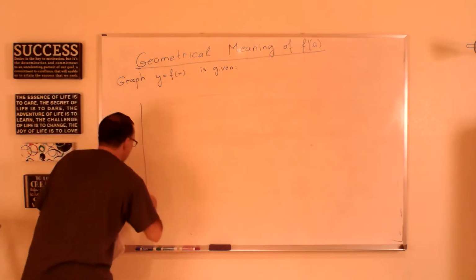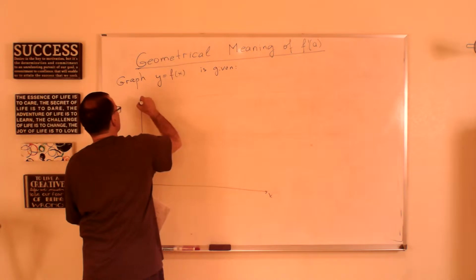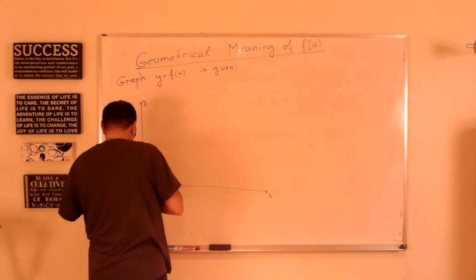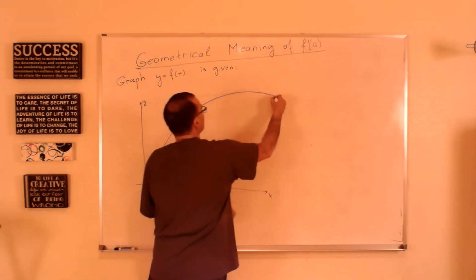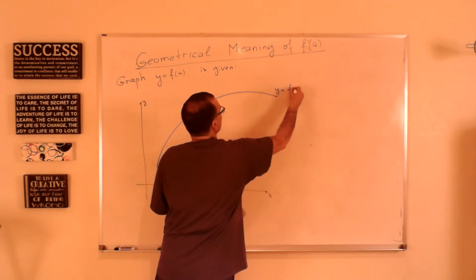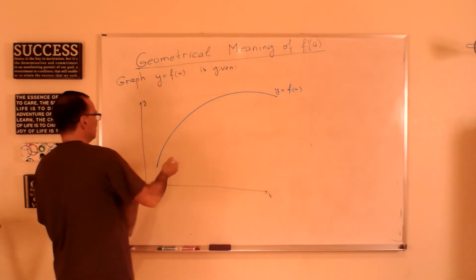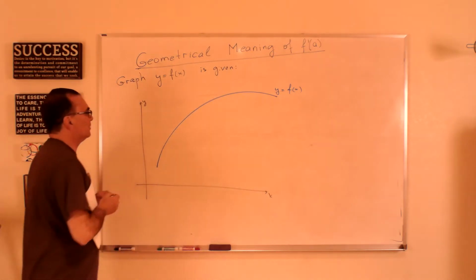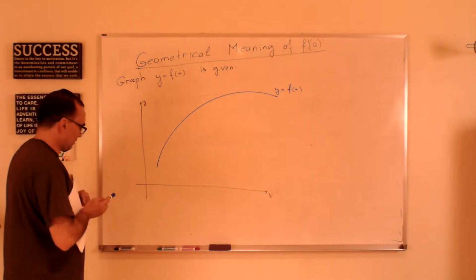So let me draw some graph. X-axis, y-axis, and let's say that this is the graph y equals f of x. And now I want to copy more or less the same picture that I previously had for the average rate of change.